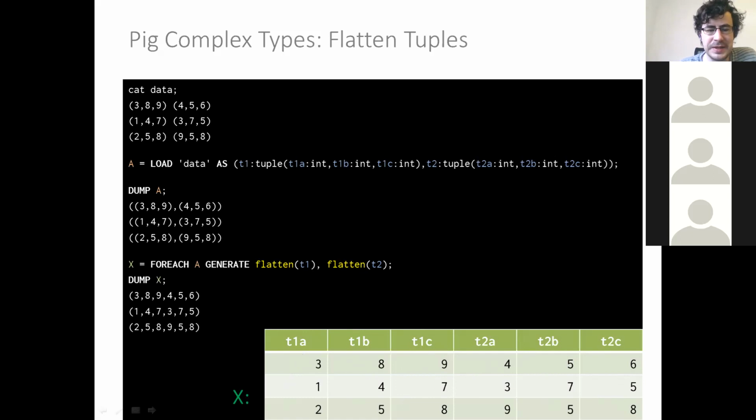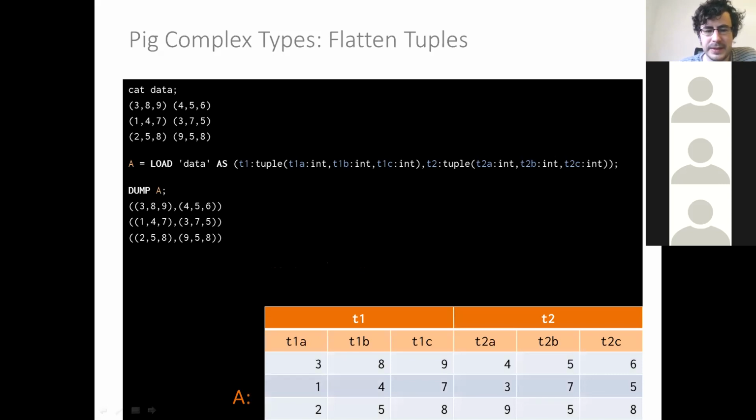Okay, so we can dump that and we see now that we've dropped the nesting that we had before. So what about in the case of A here? In this case, what happens if we call flatten just on one side?